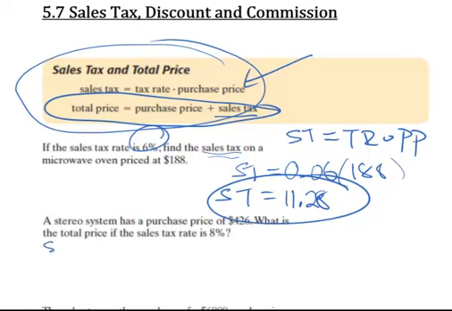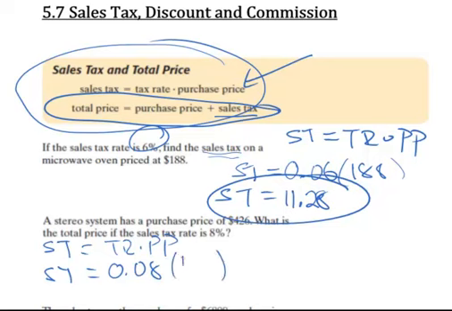So again, my formula is sales tax equals tax rate times my purchase price. My tax rate is 8%. As a decimal, that's 0.08. My stereo costs $426.